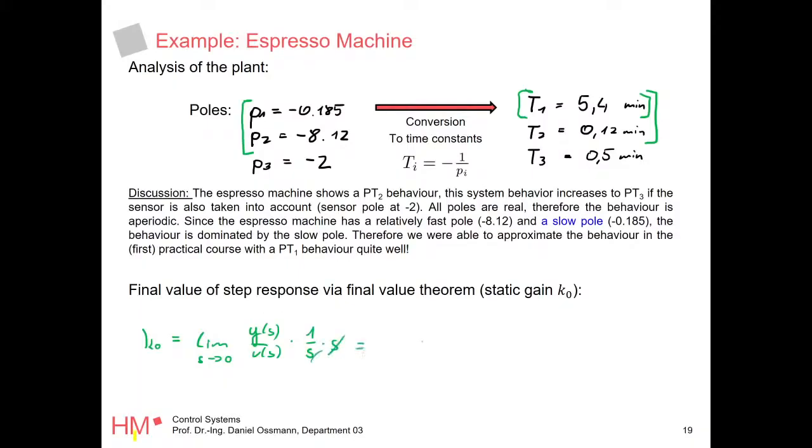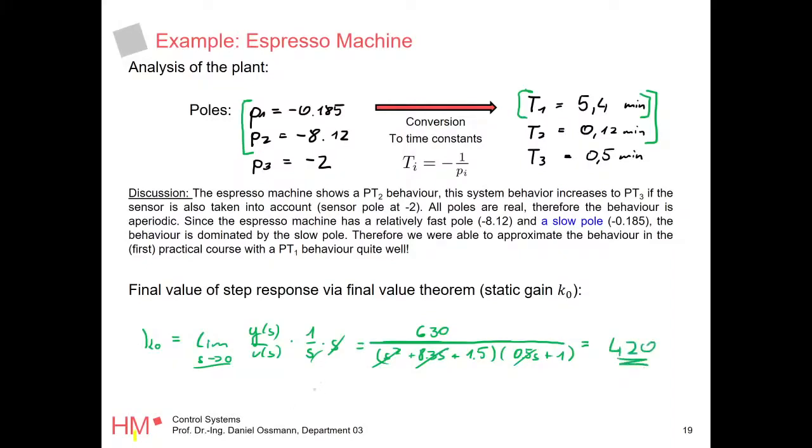So we actually just need to put in 0 for s, but I'm doing it slowly. S squared plus 3.8 s plus 1.5. And we've got 0.5 s plus 1. And if you set now s to 0, right, cancel this, you cancel this, it's going to be 420.